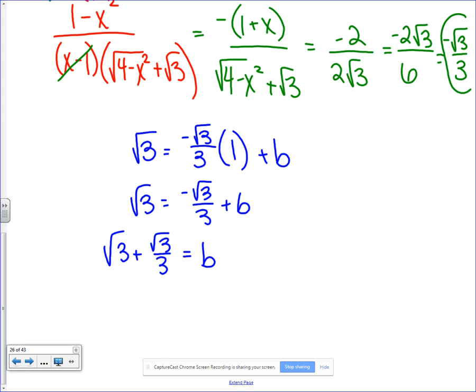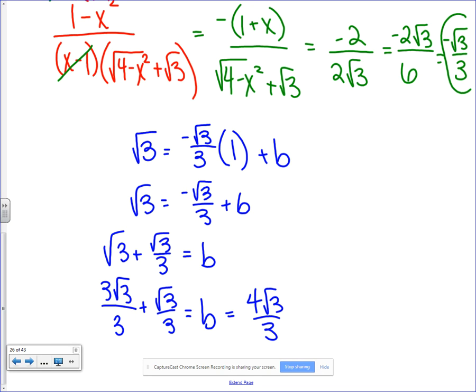I'm going to have to find the common denominator. You will also have one like this in your homework as well. So that looks like your b, which means your final equation looks like that.